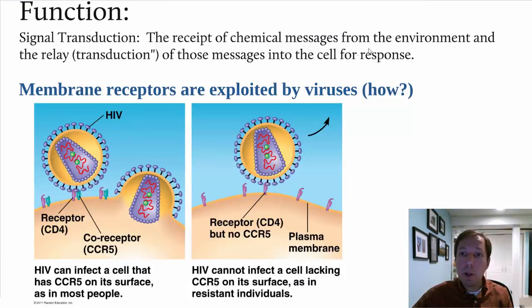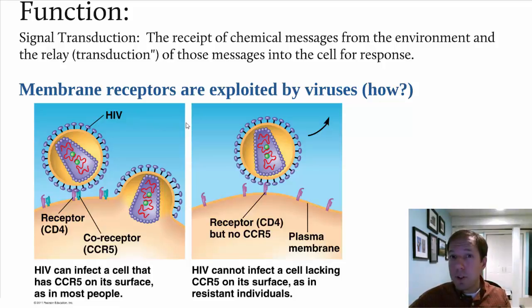There could be a chemical messenger like a hormone, for example insulin, that's going to be received by that cell and trigger some type of response. So, for example, a liver cell might need to receive insulin as a sign to take in sugar from the blood and convert it into another molecule to be stored for later.